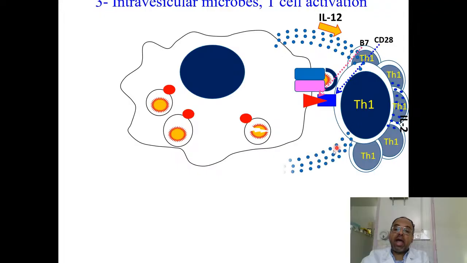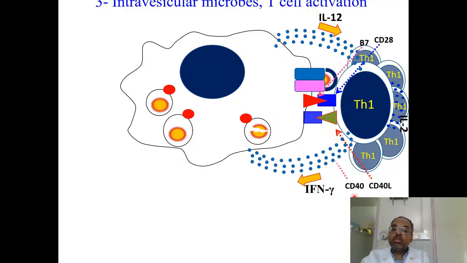Interferon gamma goes back and influences the antigen presenting cell. In addition, some molecules appear at the surface of T helper 1 cells, and I'm showing you one of them. It's called CD40 ligand, and it binds to the receptor at the surface of the antigen presenting cell, which is called CD40. This leads to some changes inside this macrophage. Well, what is the problem in the beginning?